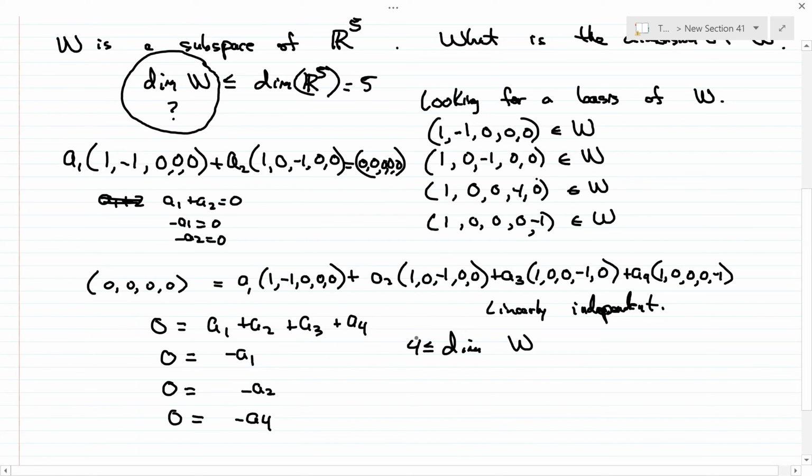Because if you could find 4 linearly independent vectors in the subspace, then the basis is at least 4. But W is in R5, and W doesn't contain everything. I mean, it's easy to come up with a simple vector like all ones.